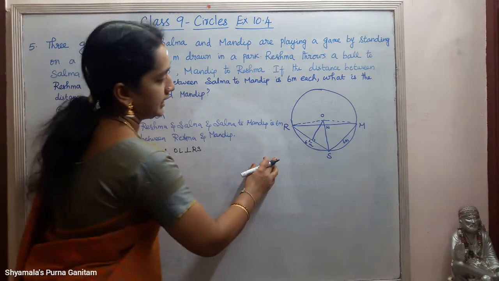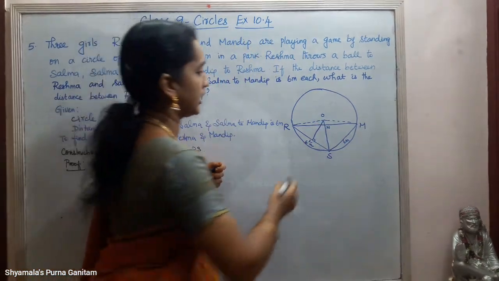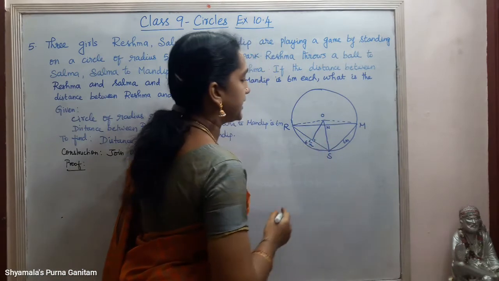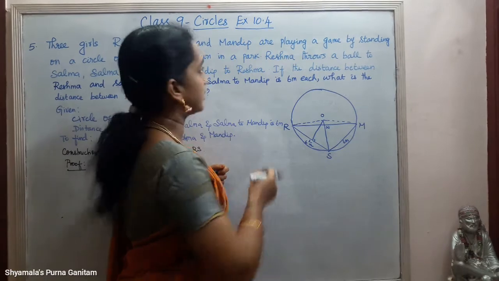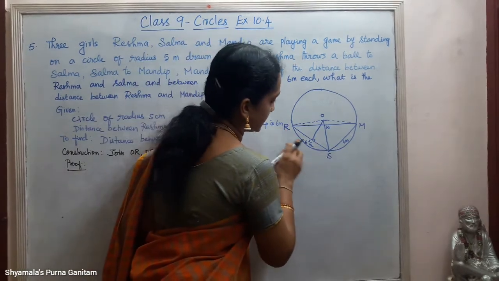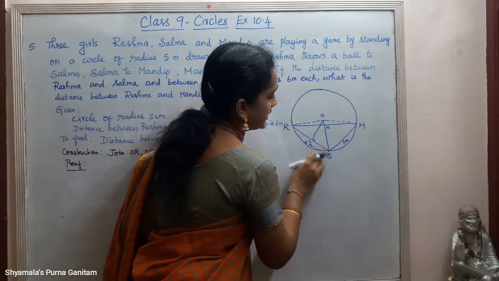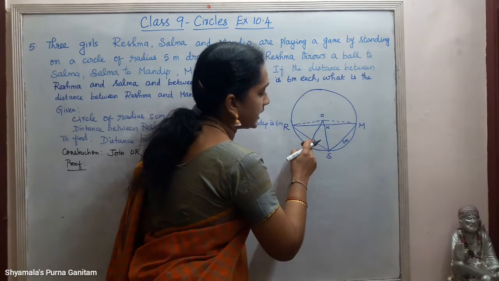OS is the radius of the circle. The radius of the circle is given as 5 meter. Then RS is a chord and OL is perpendicular.